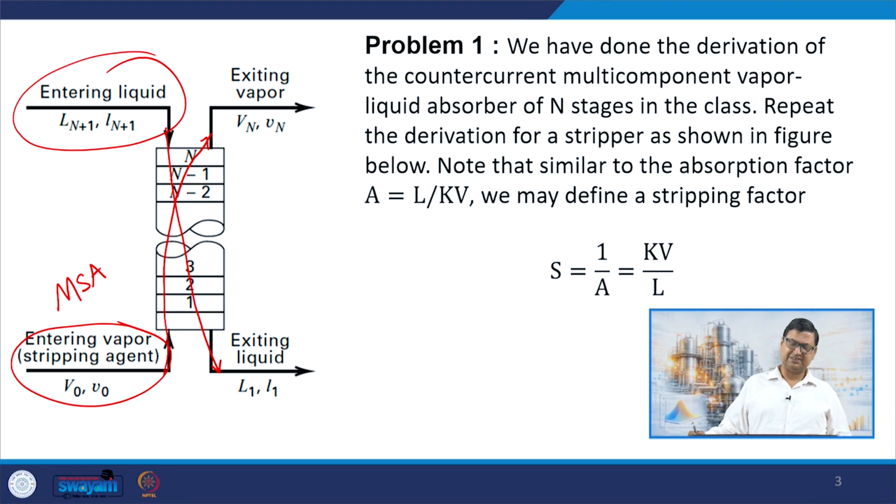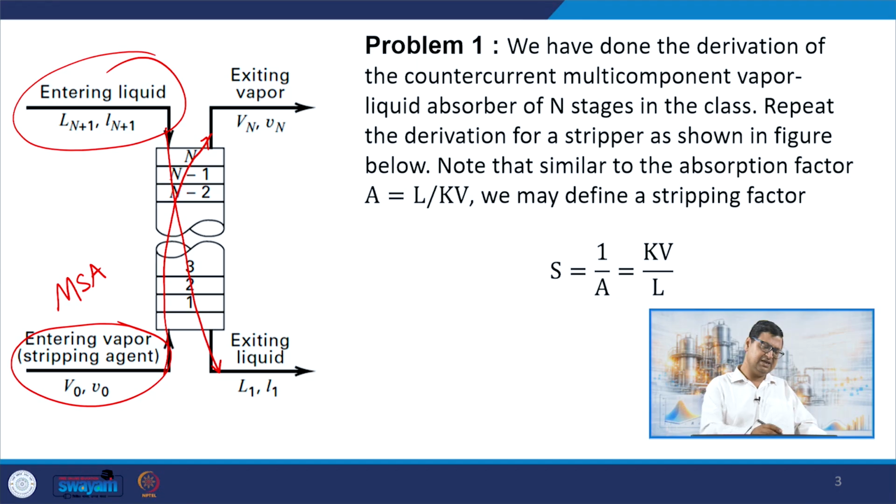Now, there is a slight change in the notation of the indices. Earlier, the stages were numbered 1 to n, top to bottom, but now we are doing bottom to top. The reason is that it is dictated by where the feed is coming from.